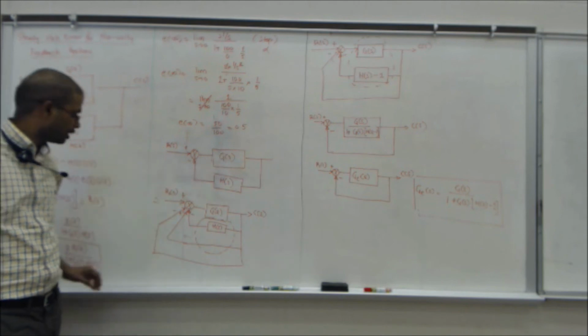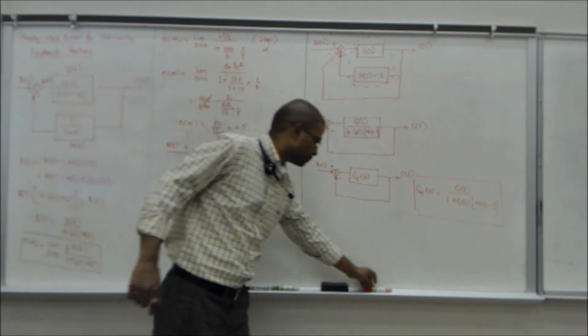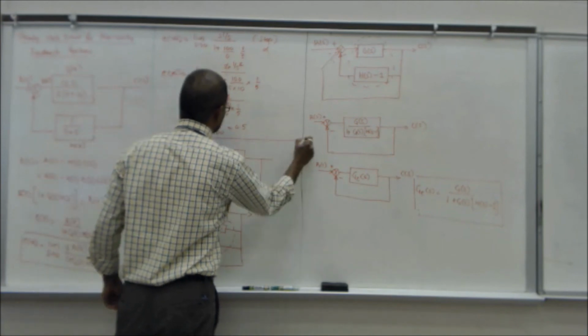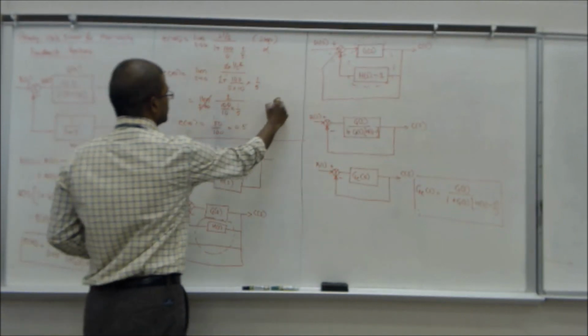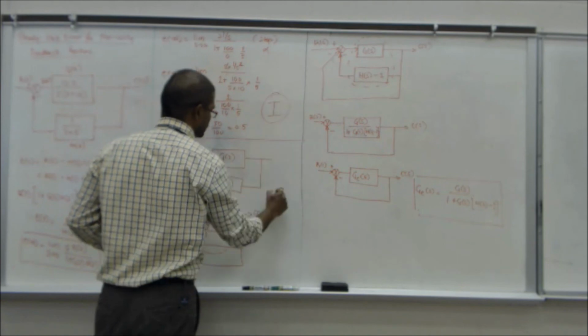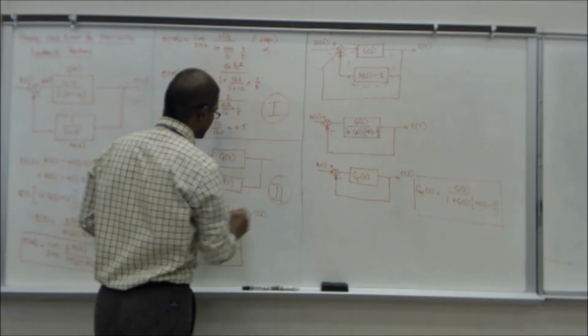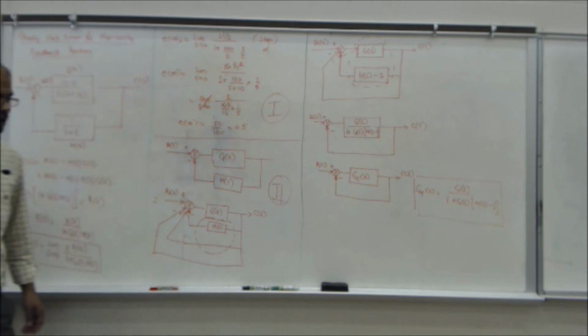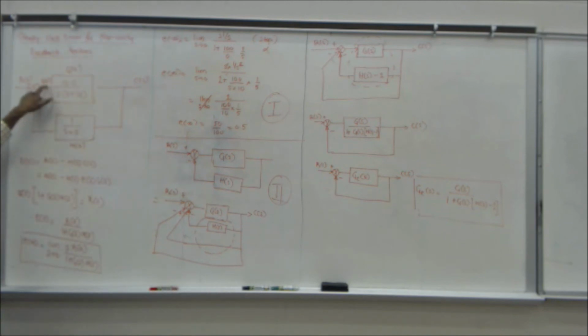So I showed you two methods. This was the first one. This is the second one. The first one is, again, let's go to basics. Define error. The error signal is simply R of s minus H of s into C of s.